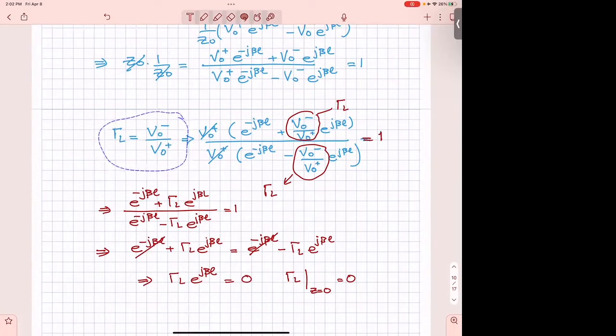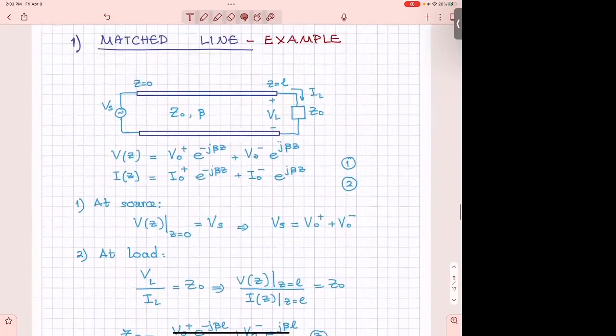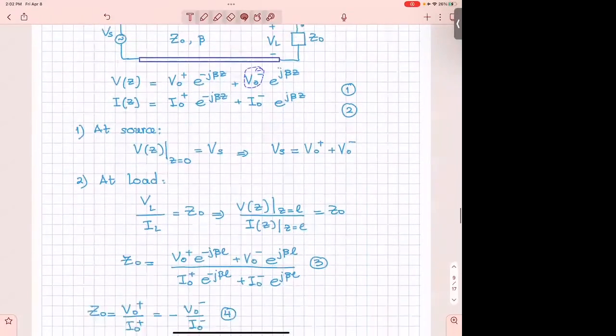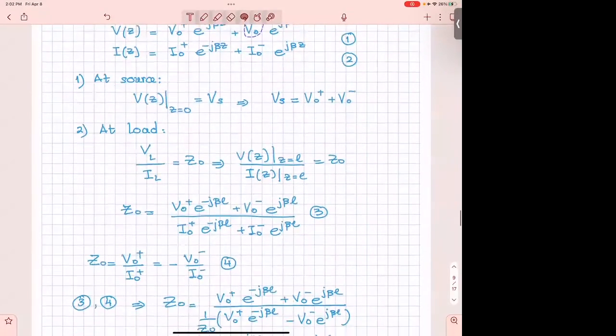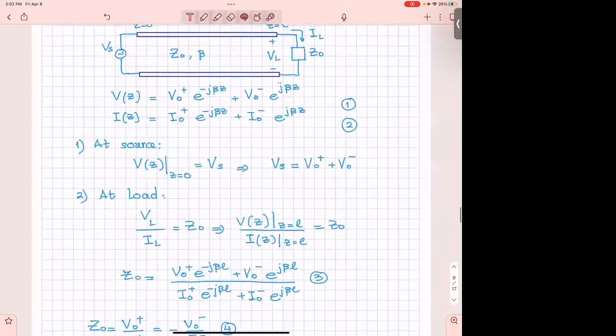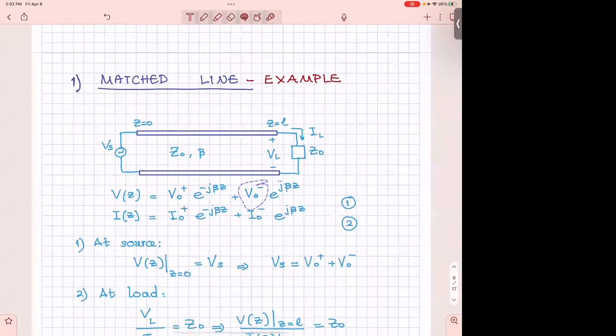What does that mean? That everywhere the V naught minus is 0, and in the current too, all right? So V naught minus does not exist, which means that the negative wave, which is the reflected one, is 0. Therefore, it's only an incident wave.